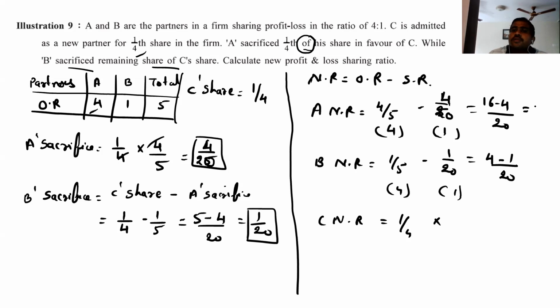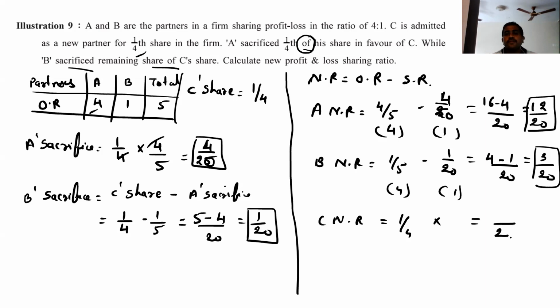4 fours are 16 minus 4, so here comes 16 minus 4. It comes to how much? 12/20. 4 minus 1, it comes to how much? 3/20. And now we have to make our denominator perfect. So how to do? Total we should get 20. So it comes 5/5. 4 fives are 20 and 5.